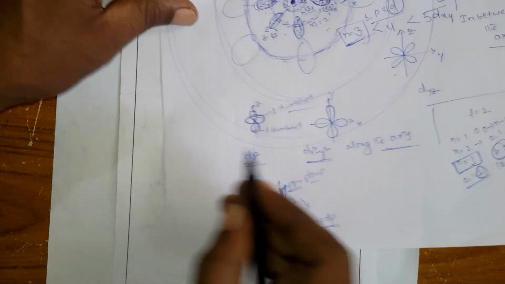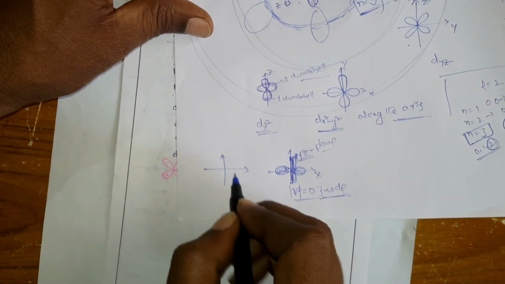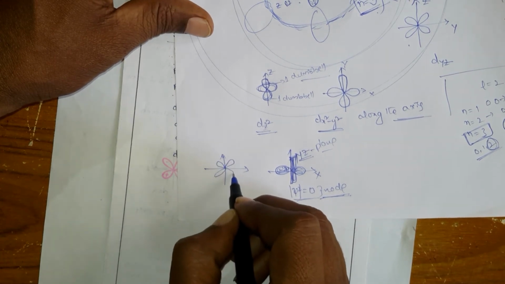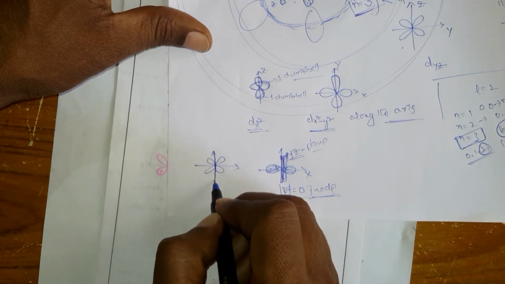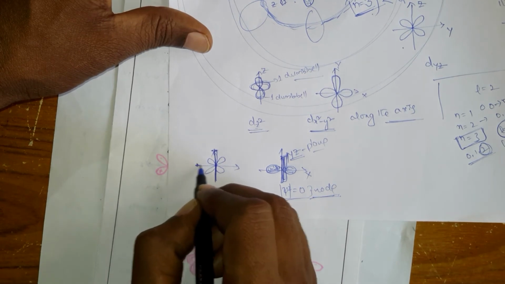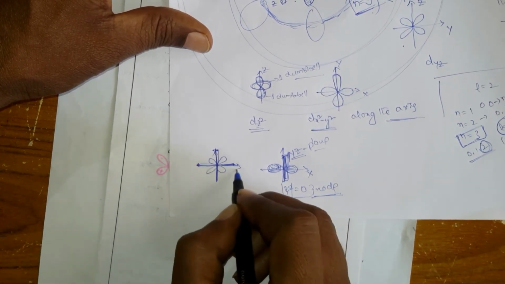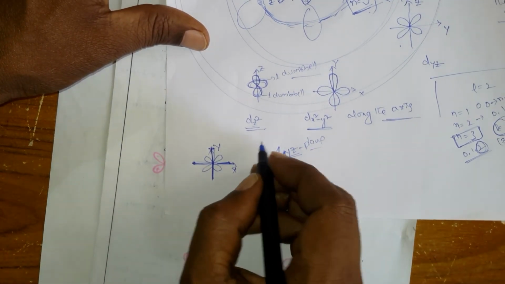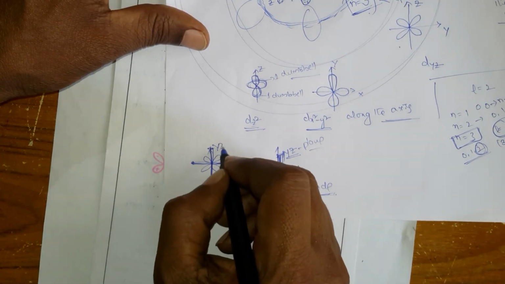Okay, you know that generally the dxy I am drawing. So here it is a dxy, right? Along this plane there is an empty space, and again along this plane there is an empty space. So what is this plane? Here is x and here is y. But a plane contains two axes, right? So xz it contains and yz also it contains.